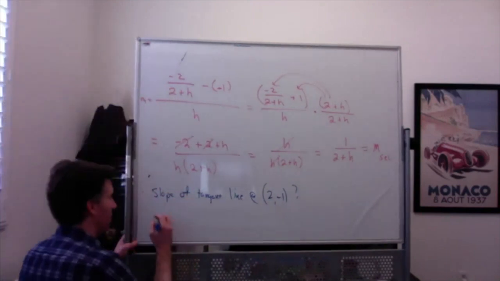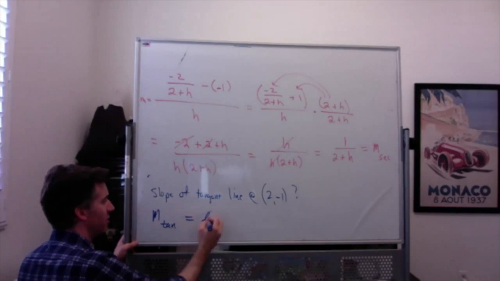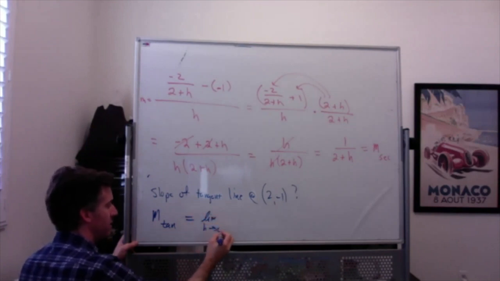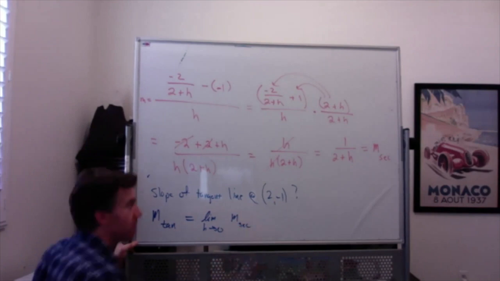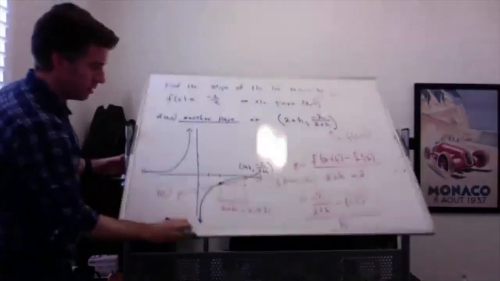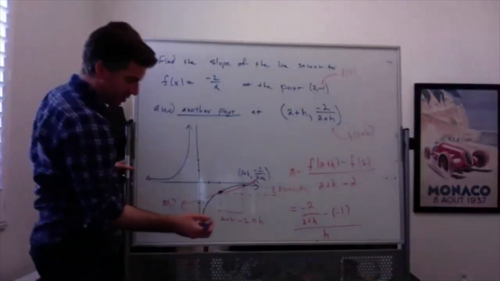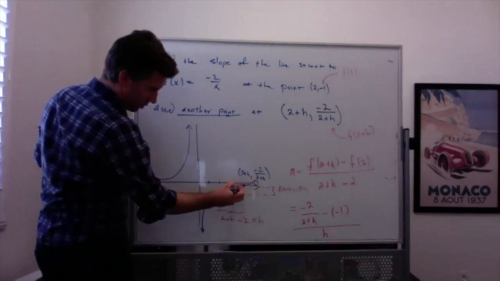So the slope of the tangent line is equal to the limit as h goes to 0 of the slope of the secant line. Because what you're doing, I'm going to go back to this side for just a second, I'll come back. If we're letting h go to 0, we're letting this point move closer and closer and closer.